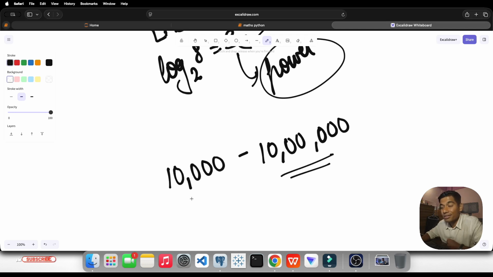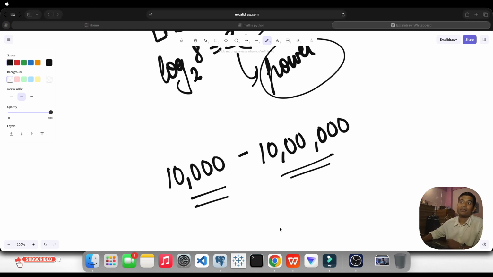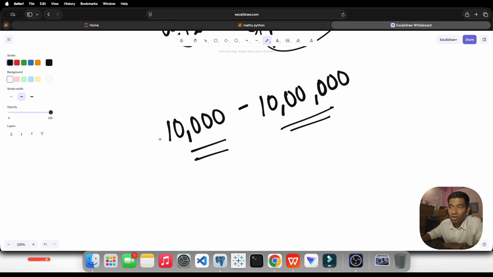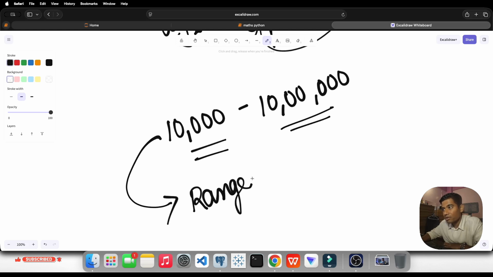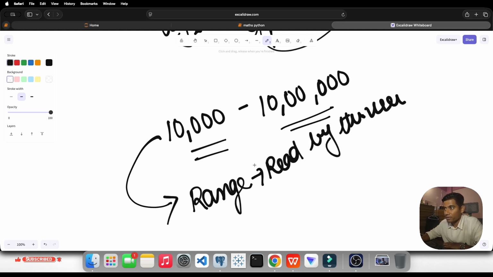See, the numbers are huge, right? If we do any calculation or try to understand it, the range becomes not usable, not easy to read by the user. This is the first point.